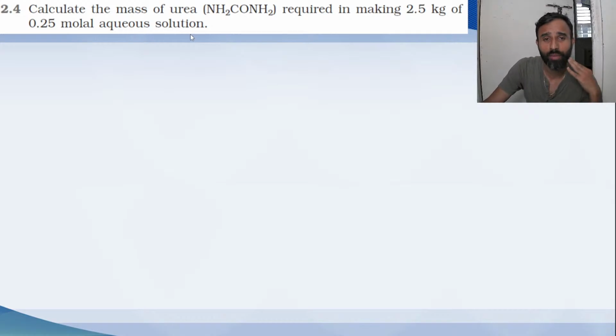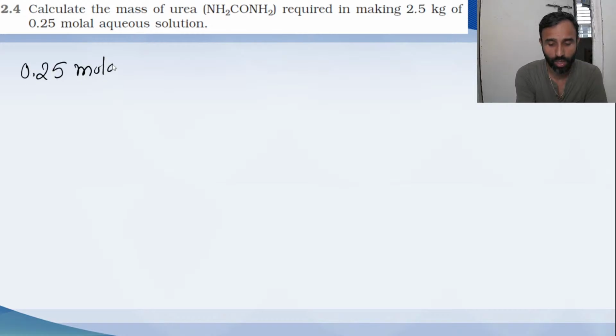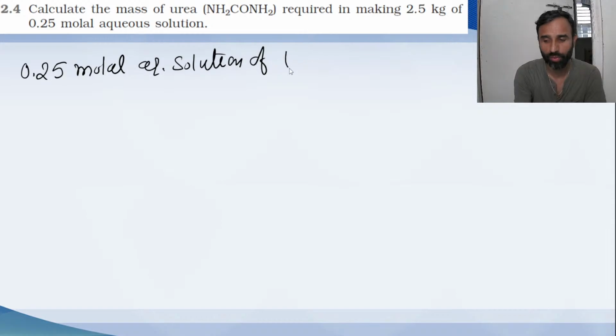So we have to calculate the mass of urea which is required in making 2.5 kg of 0.25 molar aqueous solution of urea.